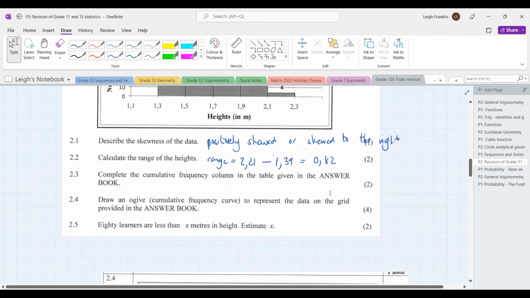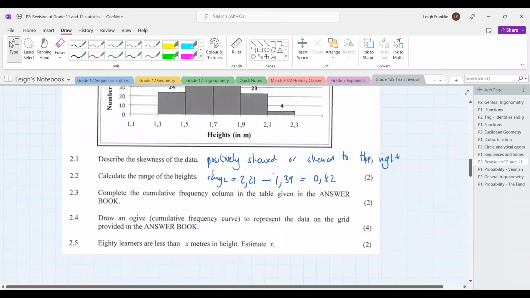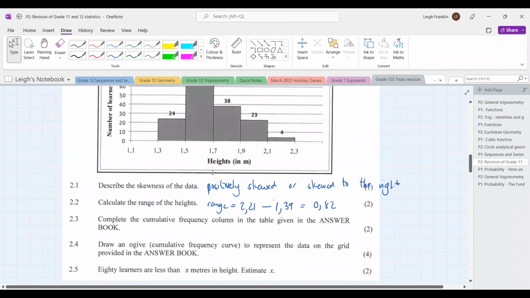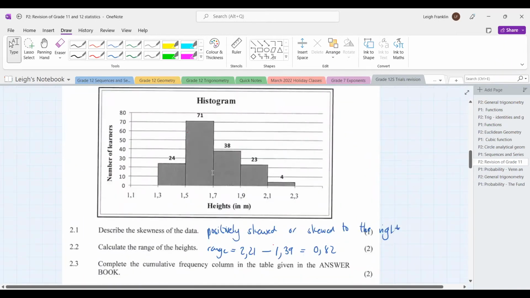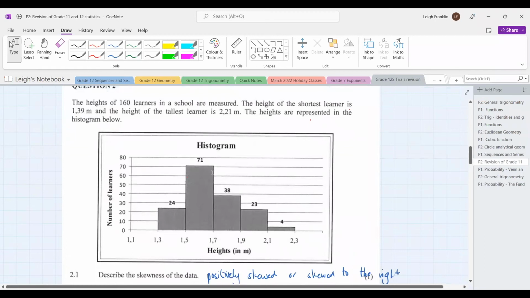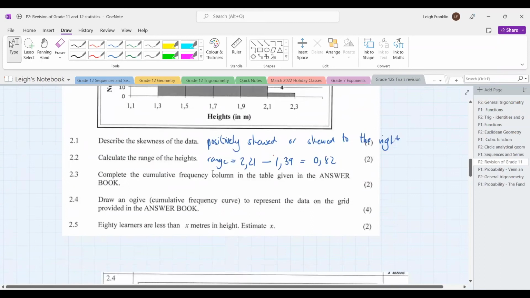I didn't pull the cumulative frequency column out. So we're going to need that to be able to draw the ogive. That was stupid of me, wasn't it?